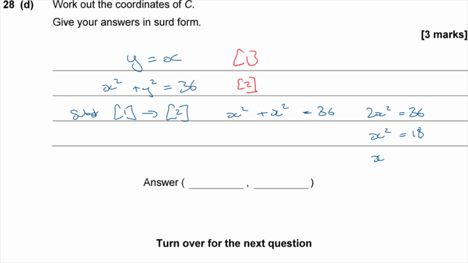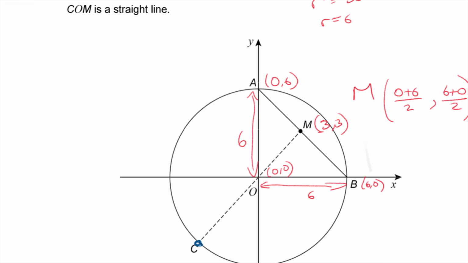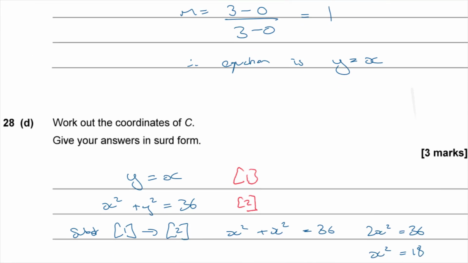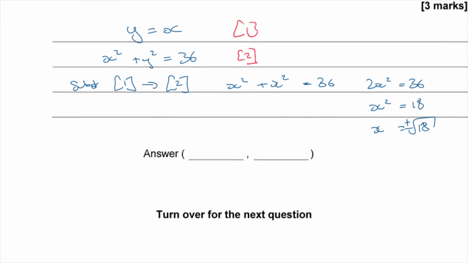So then x is going to be the root of 18. Now, it's going to be plus or minus the root of 18, isn't it? The positive root 18 is going to be the one up here. The negative root 18 is going to be C, isn't it? So the x coordinate is going to be minus root of 18.